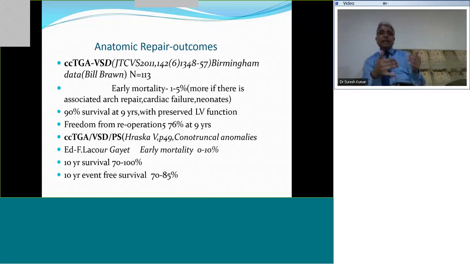But overall, the survival at 9 years was 90% with preserved LV function, and freedom from reoperation at 9 years was 76%. In the Senning-Rastelli group, François Lacour-Gayet's textbook has given a German series where the 10-year survival varied from 70 to 100%, and the 10-year event-free survival is 70 to 85%.